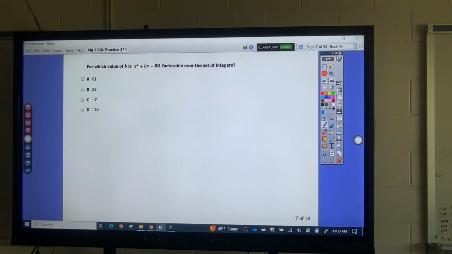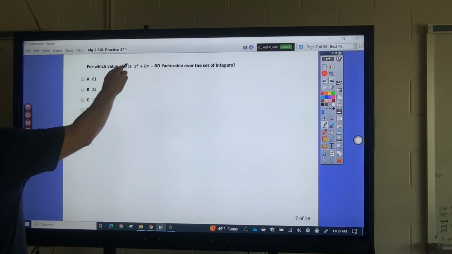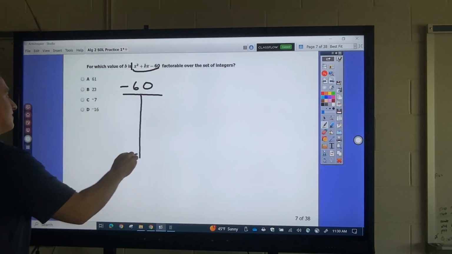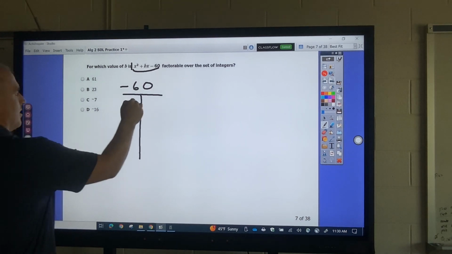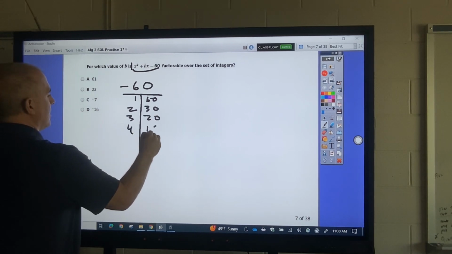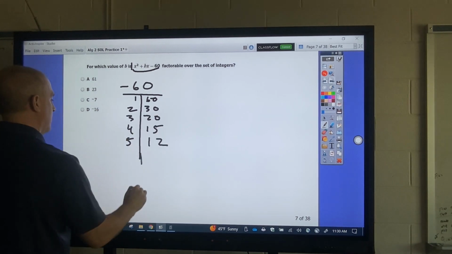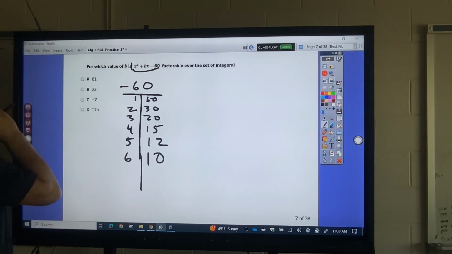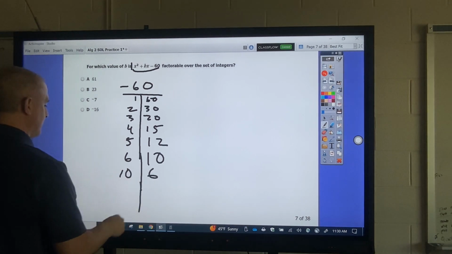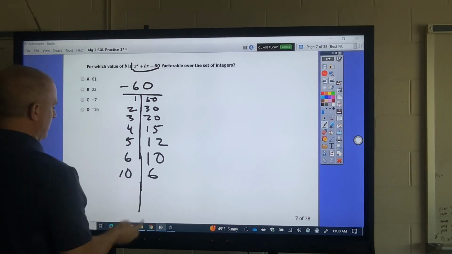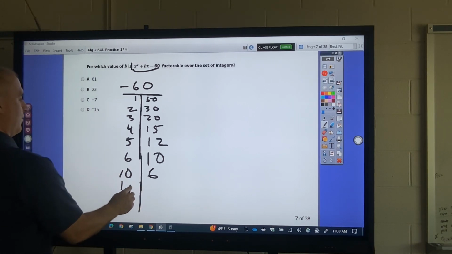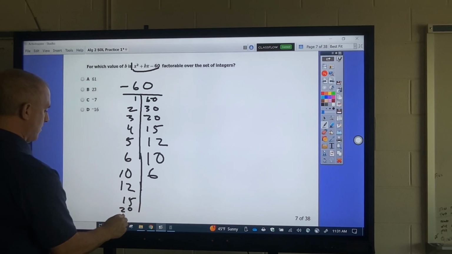Okay, all right, which thing is factorable? So remember the idea of factor, 1 times, that's going to be -60. Okay, factors of -60. Okay, 1 and 60, 2 and 30, 3 and 20, 4 and 15, 5 and 12, 6 and 10, and that's it. And then you would keep that chart going, where it'd be 10 and 6, 12, 15, 20, 30, and 60.